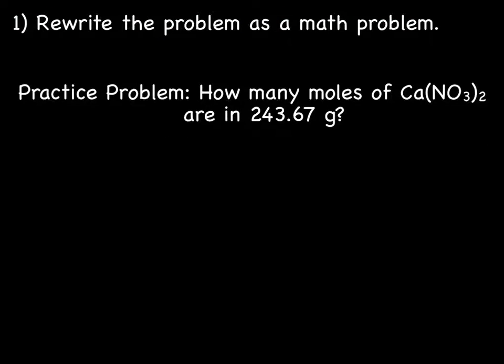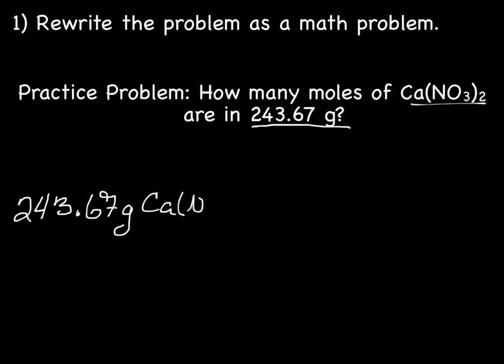All right, first step, rewrite the problem as a math problem. To do that, the first thing we need to know is our known. And what we know is that we have 243.67 grams of, specifically, calcium nitrate. Next, we need to write down our unknown, what we're trying to find.